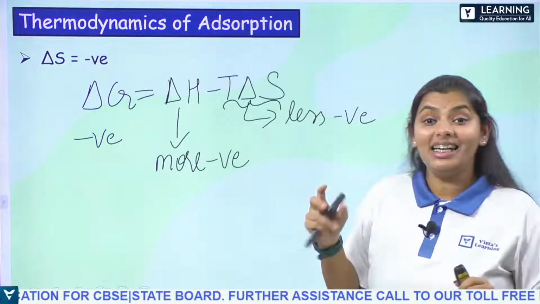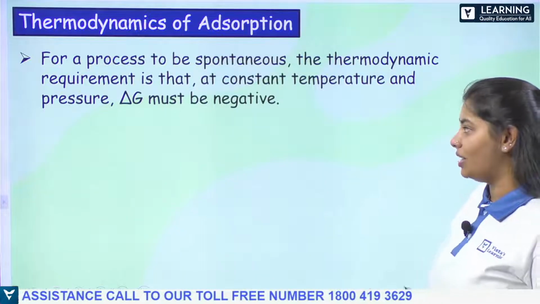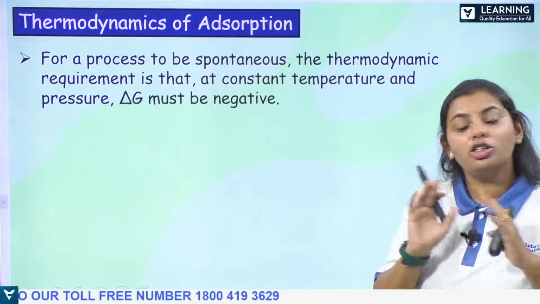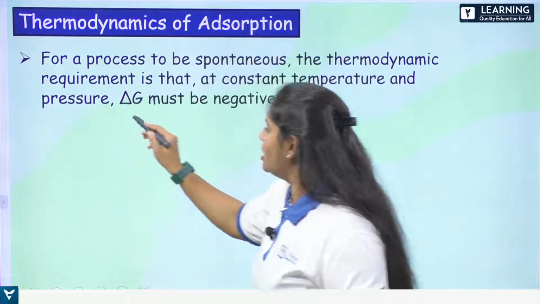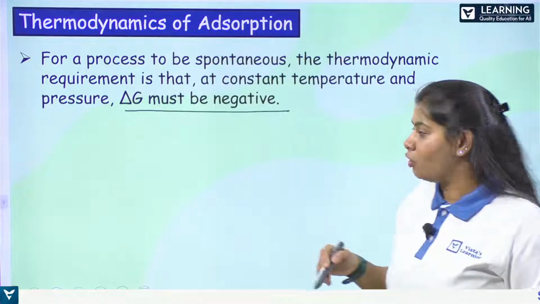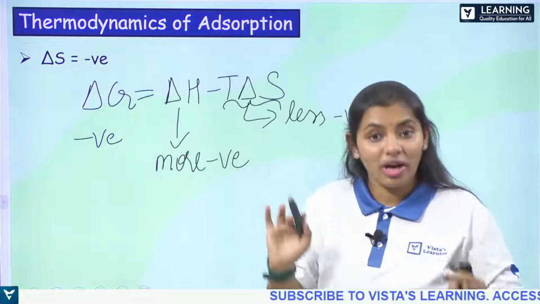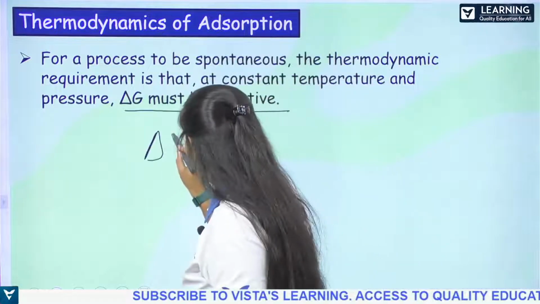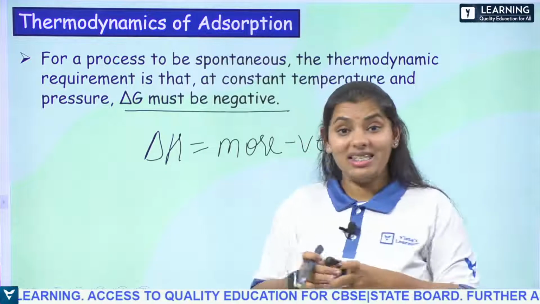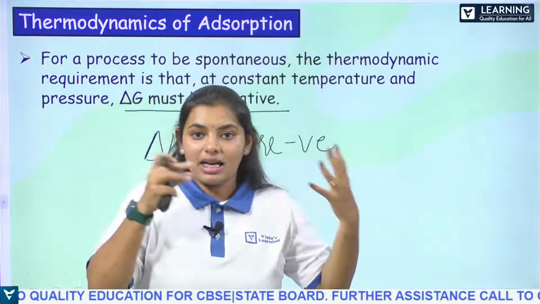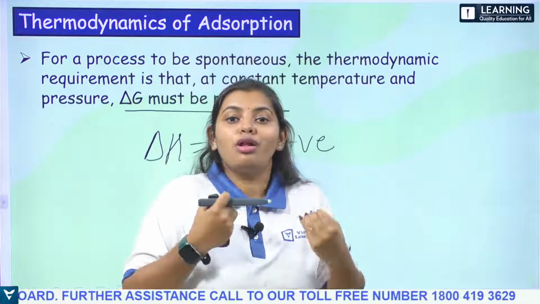Now we should see how exactly delta G is going to play a role. For the process to be spontaneous, the thermodynamic requirement is that, at constant temperature and constant pressure, delta G is supposed to be negative, as we saw right now. So here delta H is going to be more negative. How can we tell that? Once the randomness decreases, once the unstable molecule on the surface becomes stable, it is going to lose a lot of energy.